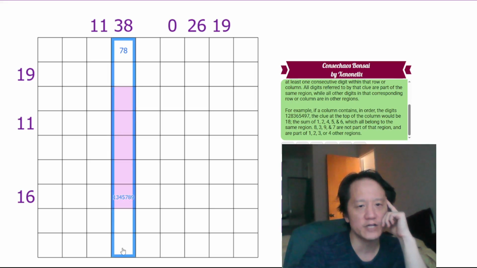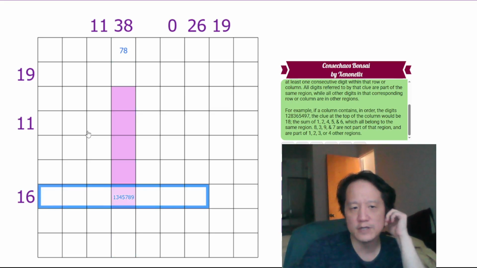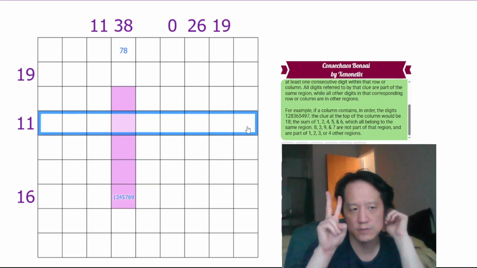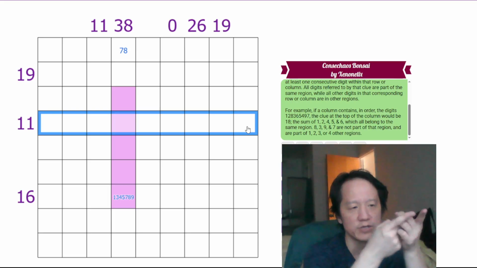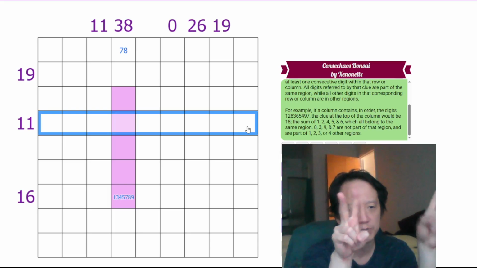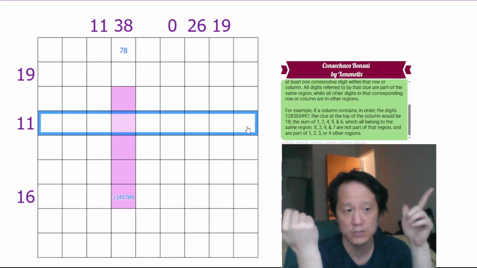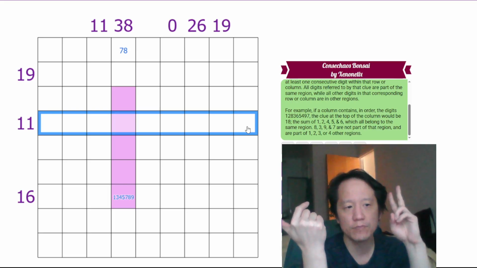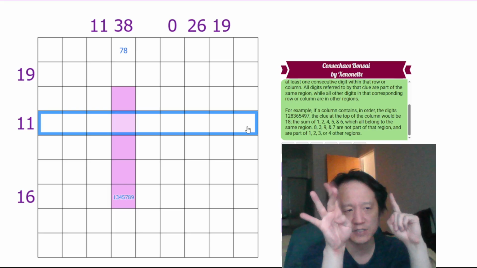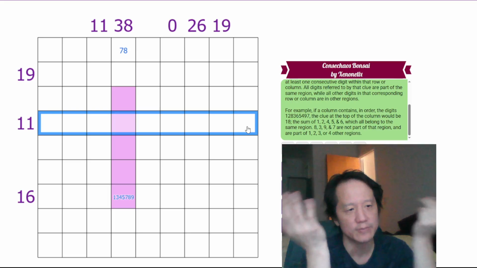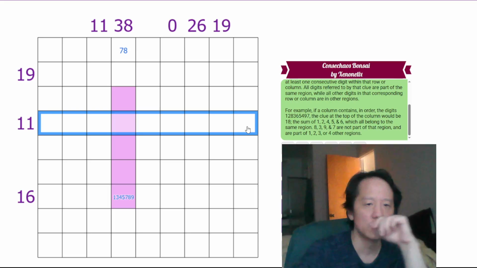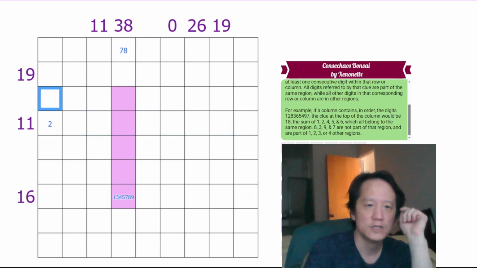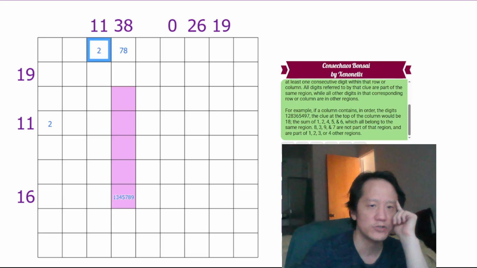This is 7 or 8 digits. 11 has to be 2 digits. 3 digits never add up to 11, and they have to be consecutive with each other because they can't have a split of 2 and 1, because 1's not consecutive with any other digit. You can't have 4 because that's 1, 2, 3, and 5 adding up to 11. And then 5 digits never add up to 11 or less. It adds up to 15 or more. So this is always 2 digits in that region.